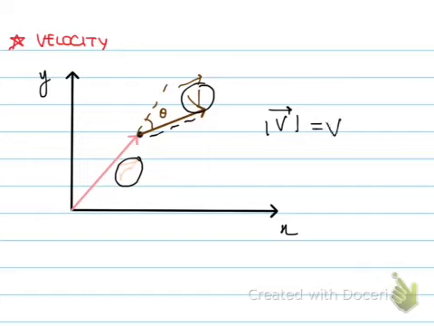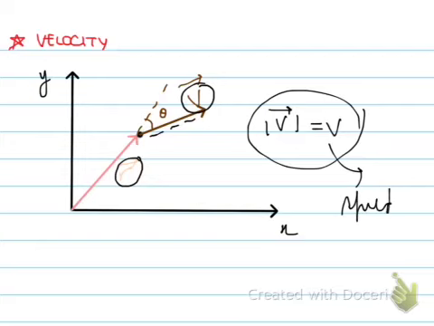Like if you are going at a speed of 60 km per hour, then if you just put the direction into the picture, it will turn out to mean velocity. So that is the main difference between speed and velocity. Here v is the speed and v vector is the velocity.